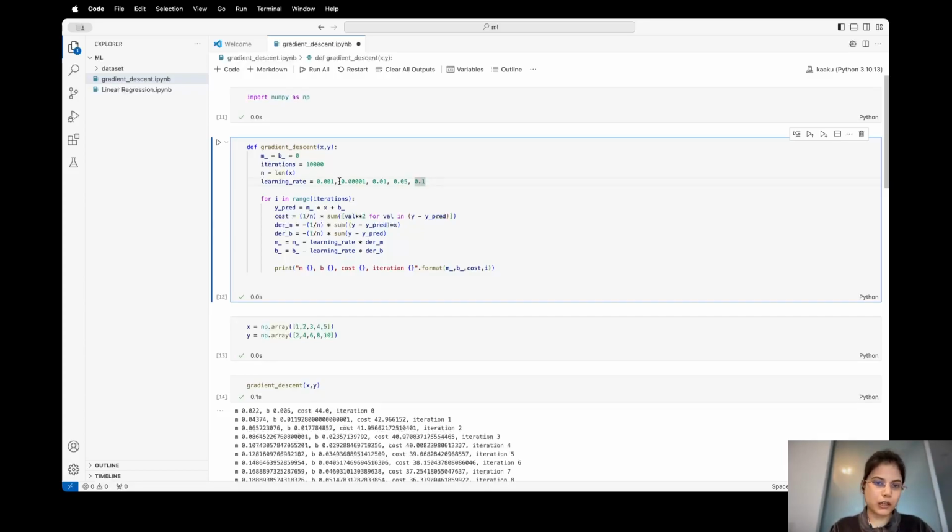You can take any value and test it out, and you can iterate over 1,000 records, 100 records. So you can just experiment yourself.